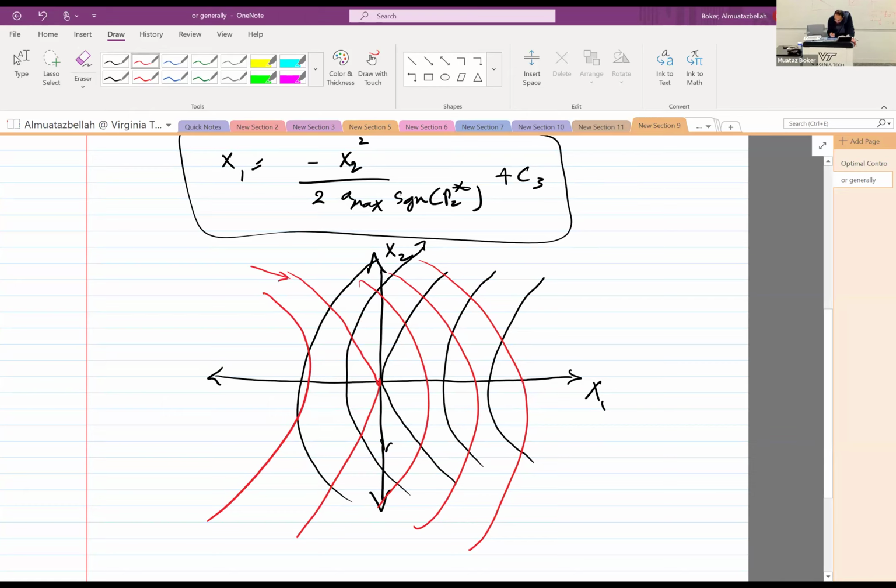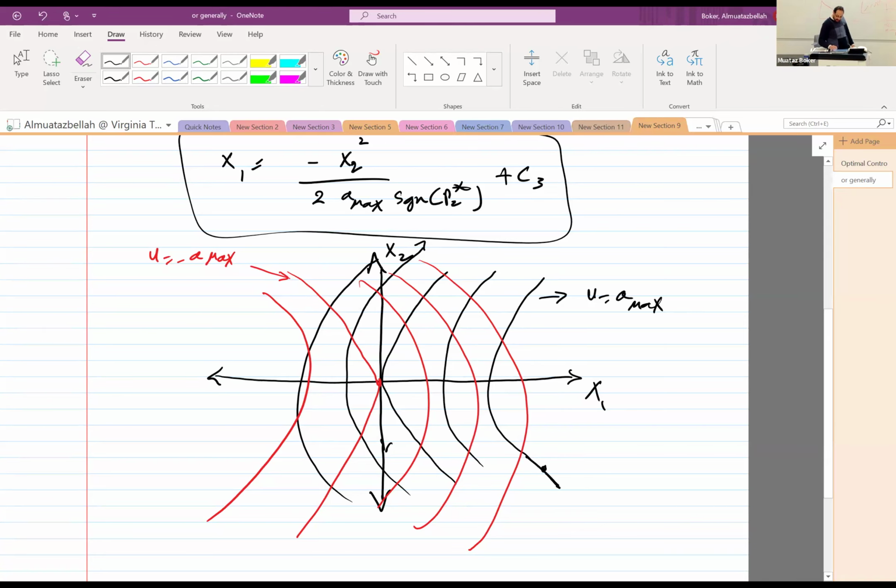The red ones here are u equal to minus A max, and the black ones here are u equal to A max. Remember, x1 and x2 are position and velocity.